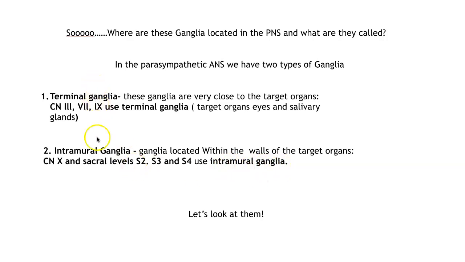So make sure you write those down somewhere. Terminal ganglia, that's where the preganglionic neuron and the postganglionic neuron are going to synapse for cranial nerves 3, 7, and 9. Intramural ganglia is where the preganglionic neuron and postganglionic neuron are going to be synapsing in cranial nerve 10 and the sacral level.